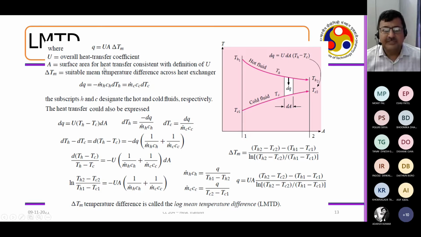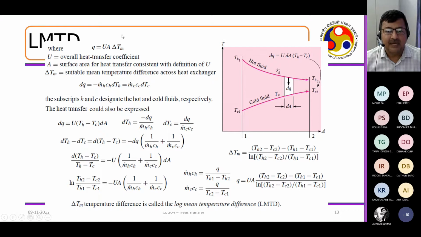Now these two equations give me dTH equal to minus dQ by m dot CH, and dTC equal to dQ by m dot CC. Correct? Now this dTH minus dTC can be written as d of TH minus TC equal to minus dQ into 1 by m dot CH plus 1 by m dot CC. I'm just rearranging these.